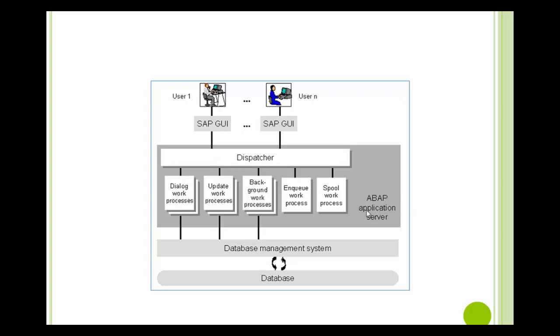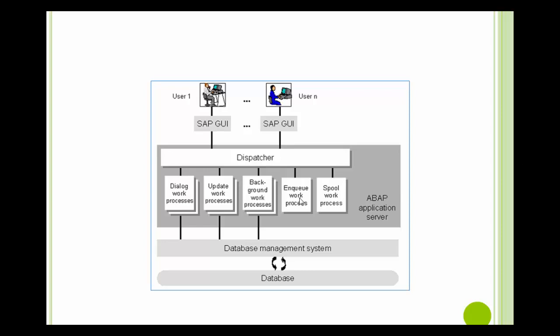When you talk about the dispatcher and the ABAP application server, there are a couple of work processes available. All programs or requests in the queue come to the dialog work process. For the update work process, any DML or database update manipulations are handled there. Any background schedules or background programs are taken care of by the background work process.